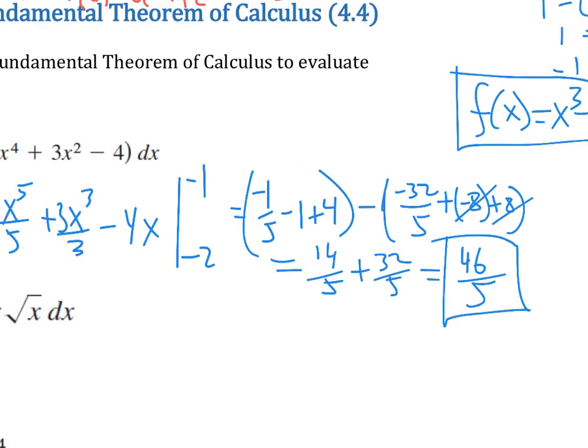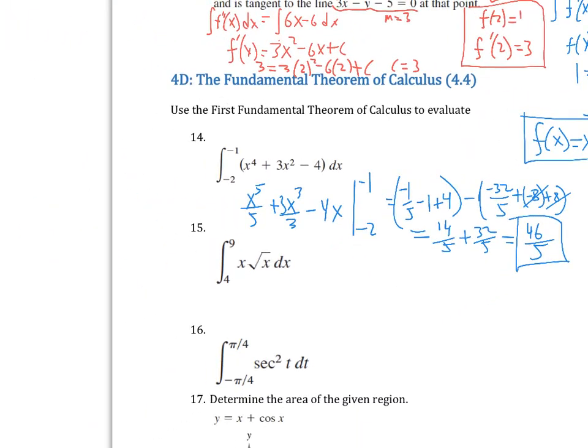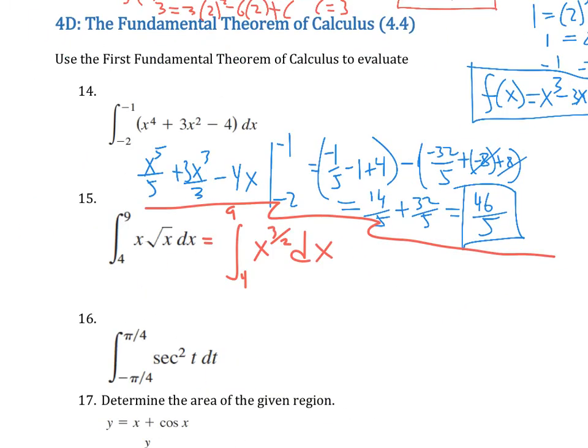All right. So we go ahead and write this as one term, as we've done before in some previous ones. And so if we integrate this, add 1, we're going to have x to the 5 halves divided by 5 halves, which is times 2 fifths. Okay. And we're going to evaluate that from 4 to 9.